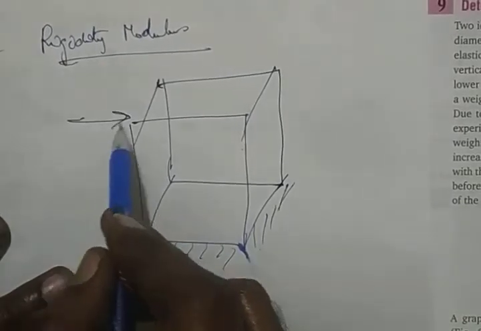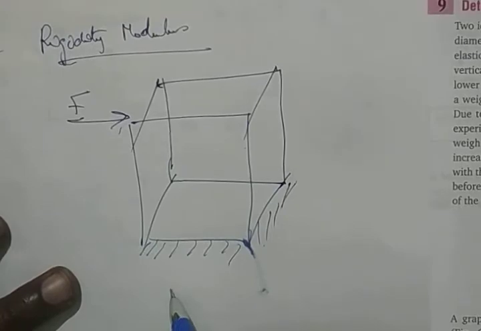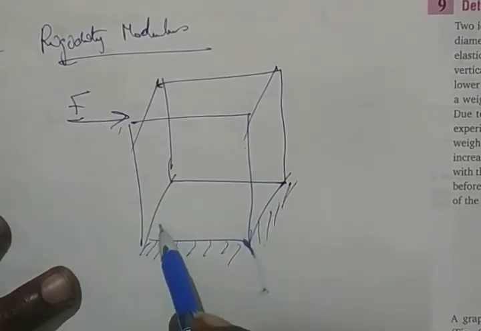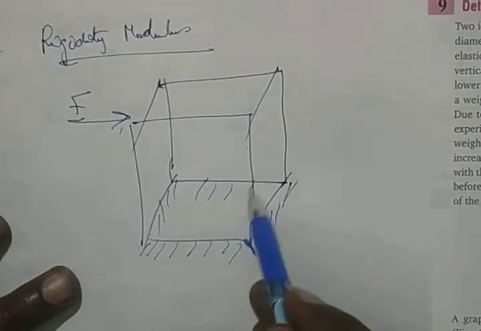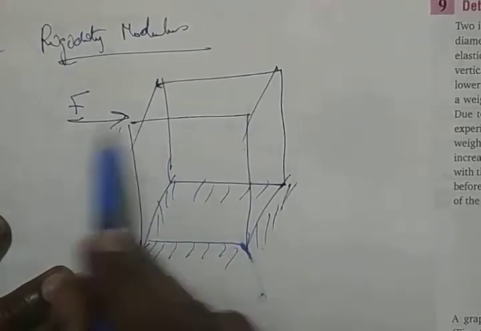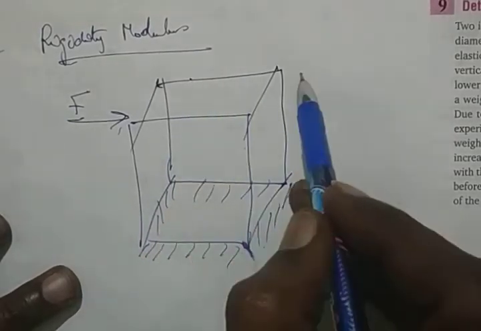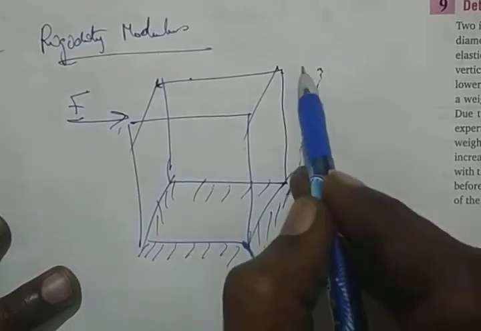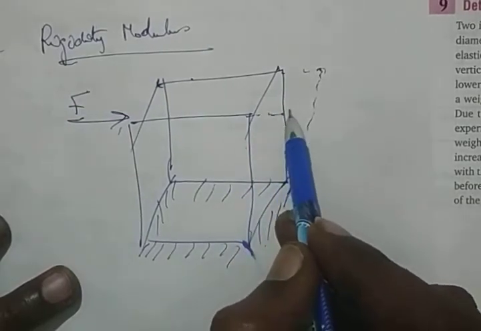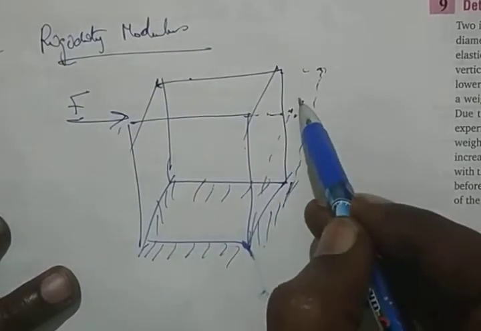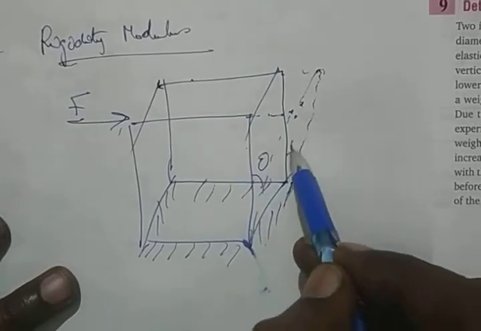Give an external force in this direction, the top direction, the bottom part is all fixed. When you give a force, what will happen? This will immediately deform. It will deform like this.